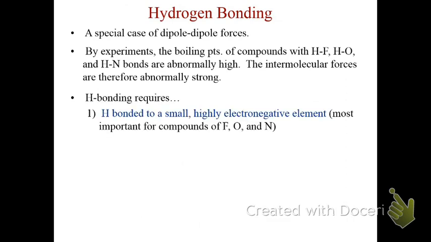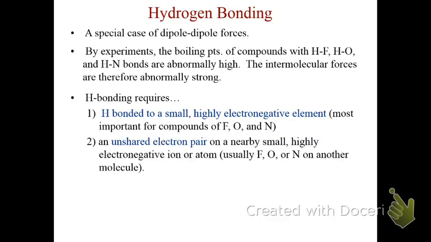Hydrogen bonding requires, first off, a hydrogen, but it's going to be attached to a highly electronegative element. Most of the time it's going to be fluorine, oxygen, or nitrogen. Because of that difference, and because of hydrogen not having the ability to shield its nucleus, we're going to end up with a definite positive and negative end to the molecule, or to the bond.